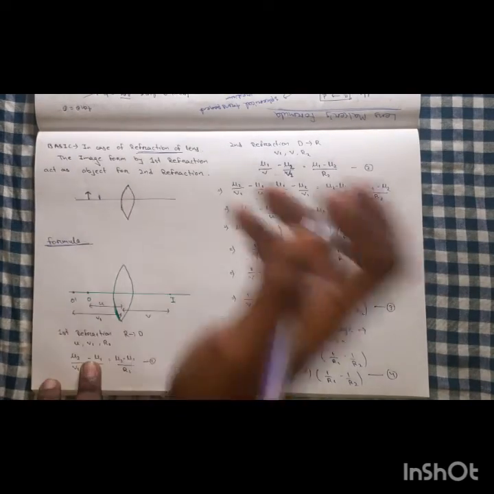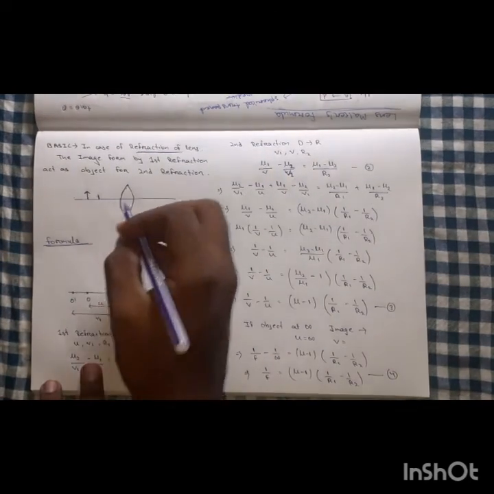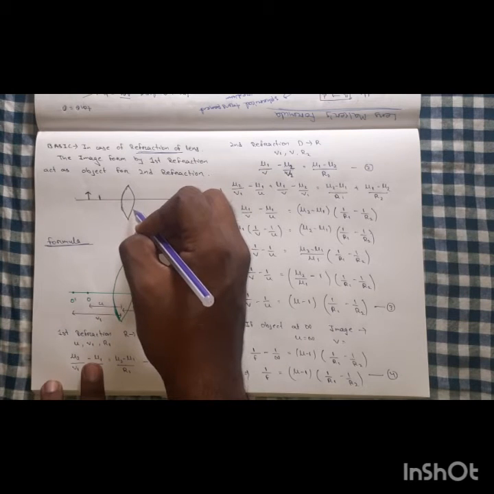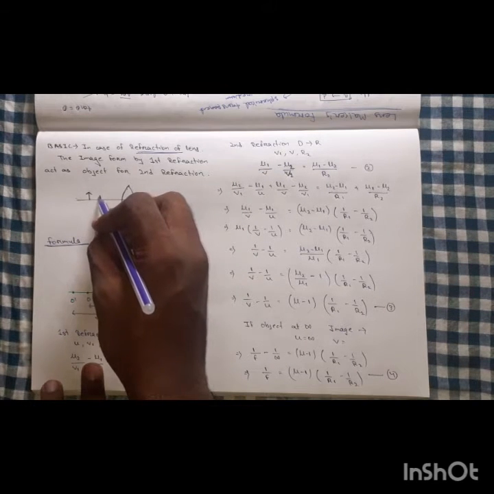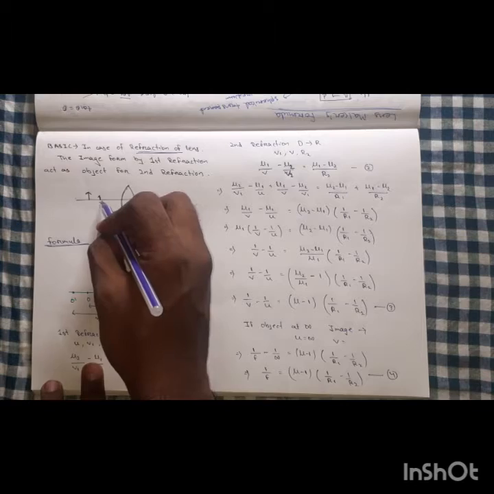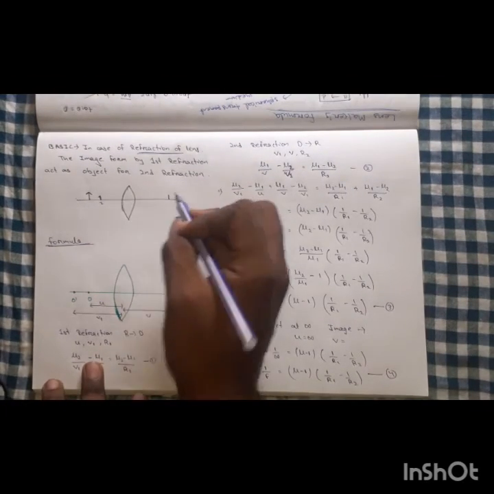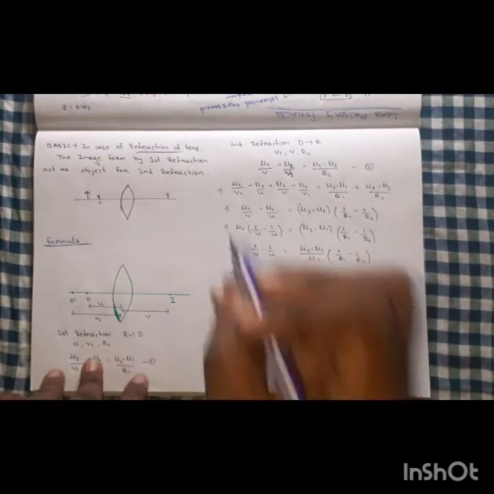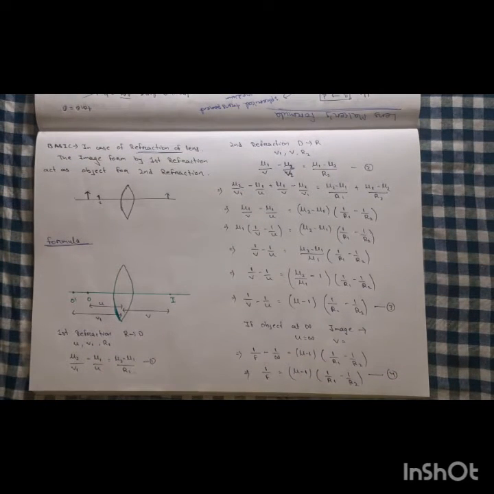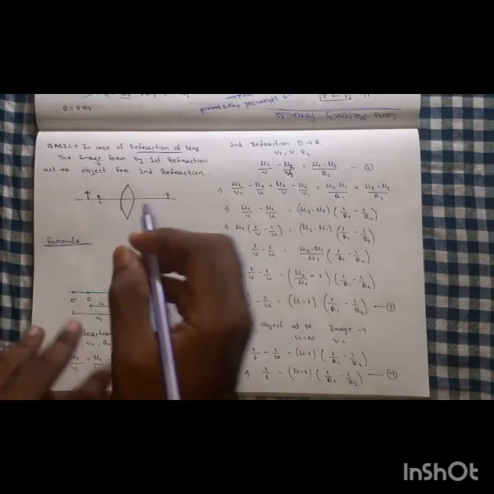Suppose the image falls here. For the second refraction, this image acts as an object, and here will be the final image. Understand or not? Listen, I again repeat.